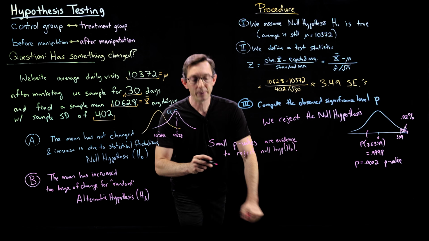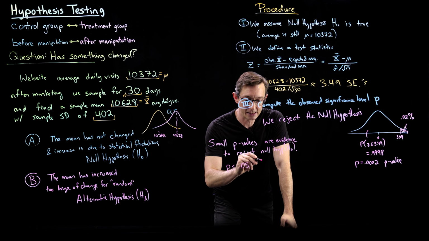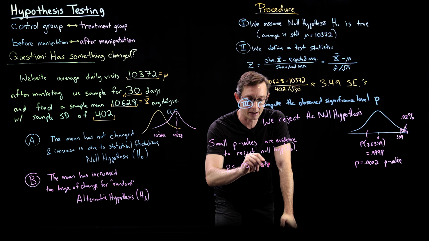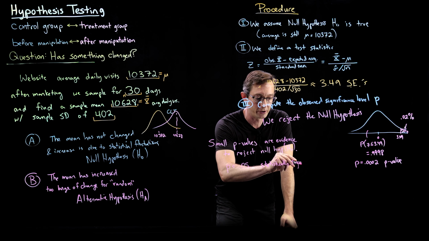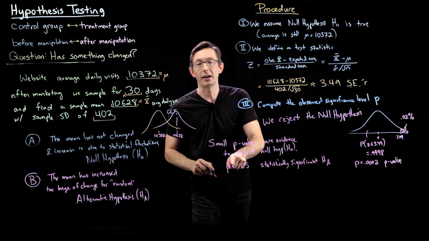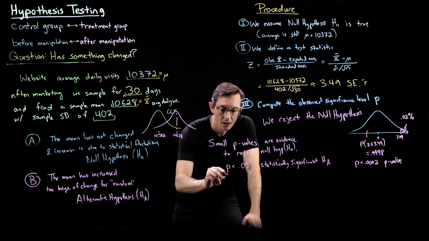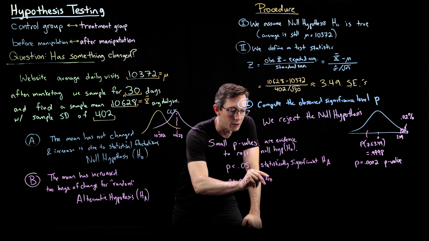And so typically if p is less than 0.05, we say that this is statistically significant. You'll hear this a lot now, significant. We say specifically that HA, the alternative hypothesis, is statistically significant. And if p is less than 0.01, we say that it's strongly statistically significant, HA.